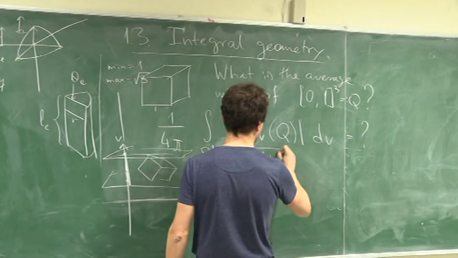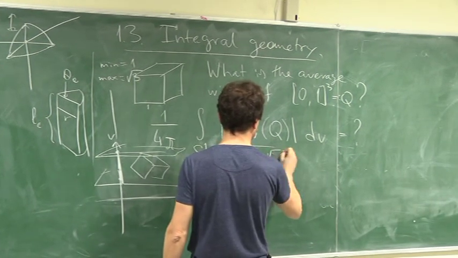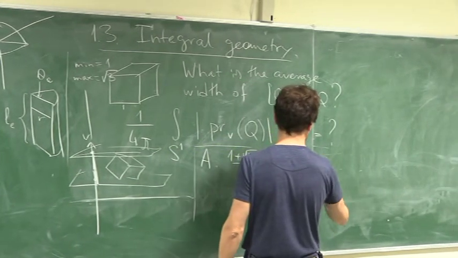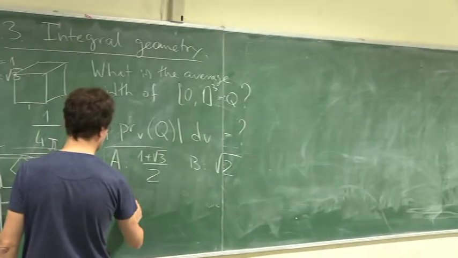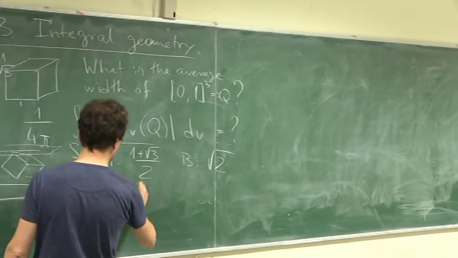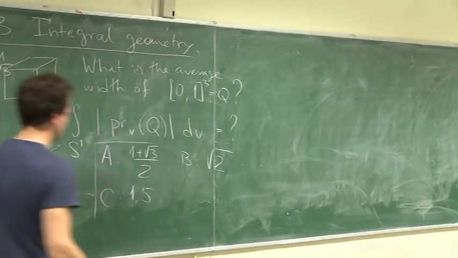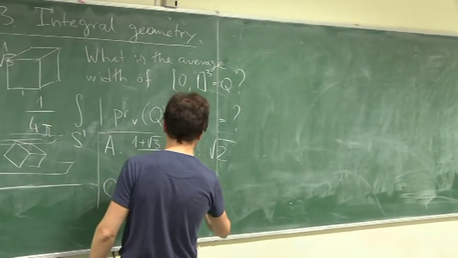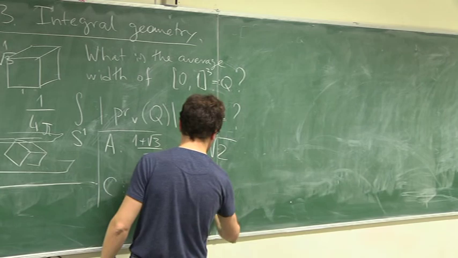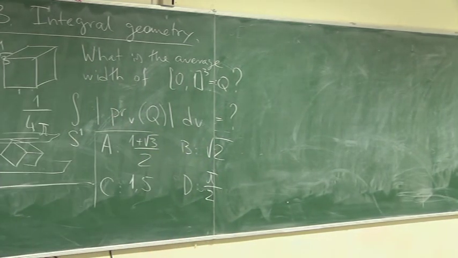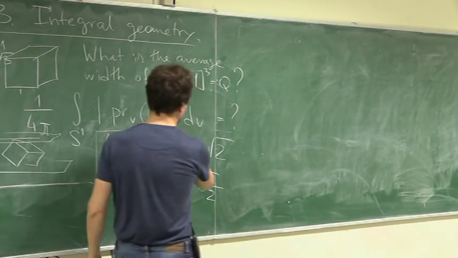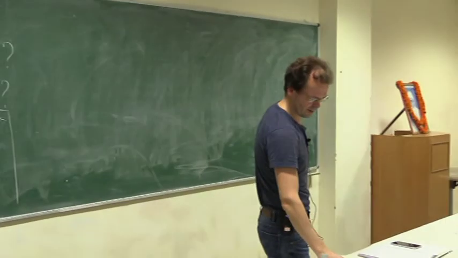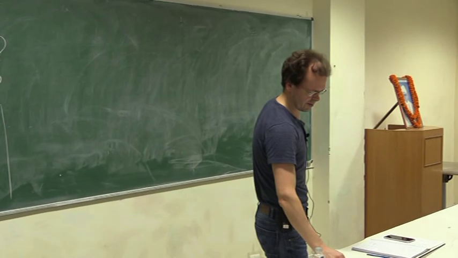Maybe this is just the arithmetic mean, or maybe this is square root of 2, or maybe this is just 1.5, because this is like 1.73. Or maybe this is pi over 2, which also lies very nicely between these two numbers. So you can choose your answer, and I will now state a theorem that provides the correct answer.